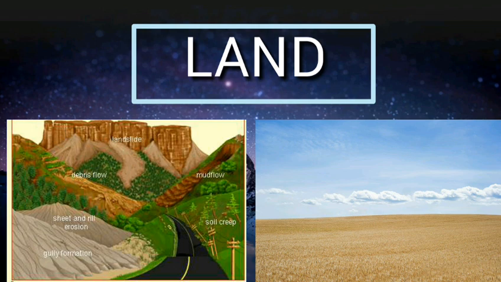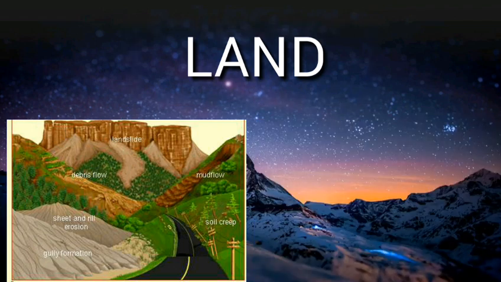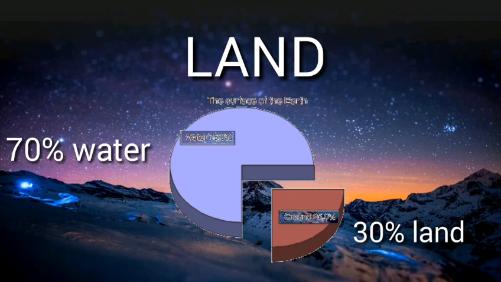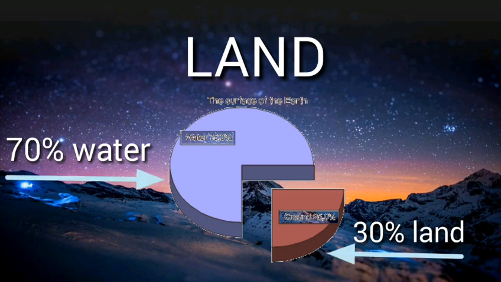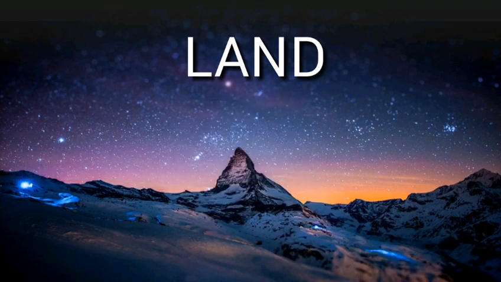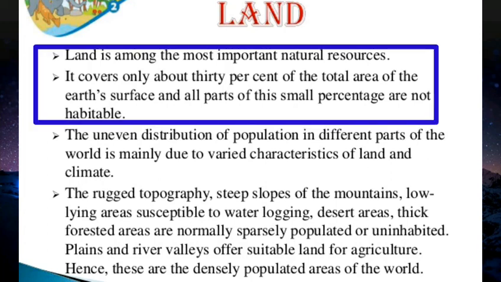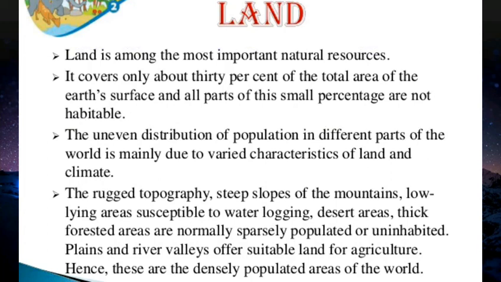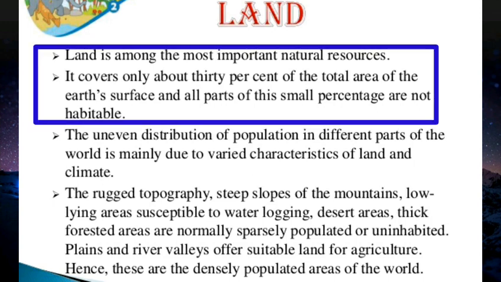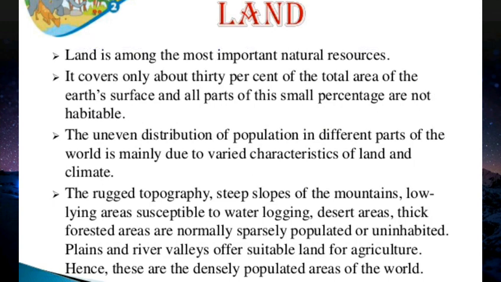What is land? Students, as we know, land is among the most important natural resources. It covers only about 30% of the total area of the earth's surface, and not all parts of this small percentage are habitats, meaning nobody is living in those areas.